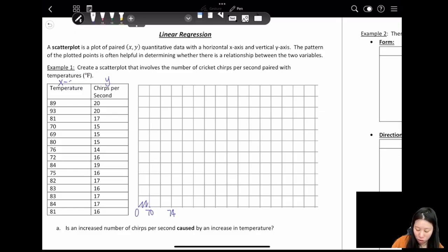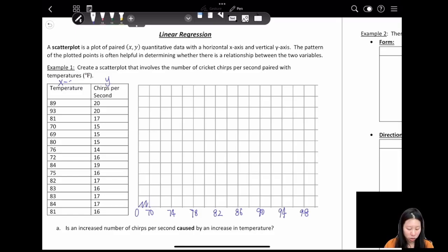So we have 74 and 78, 82, and then 86, 90, 94, okay, and then 98. Okay, so the y-axis stands for the chirps per second, the cricket chirps per second.